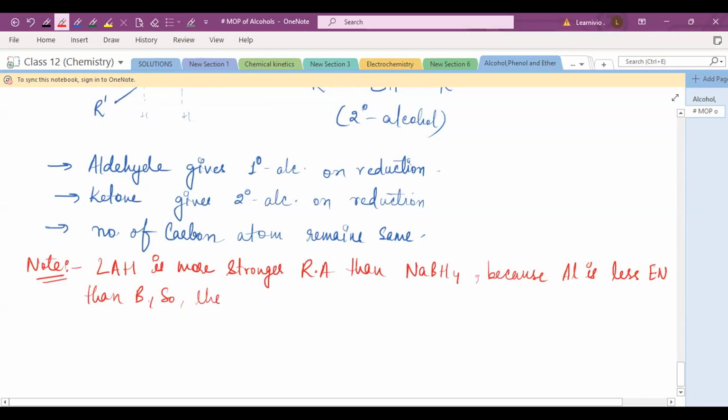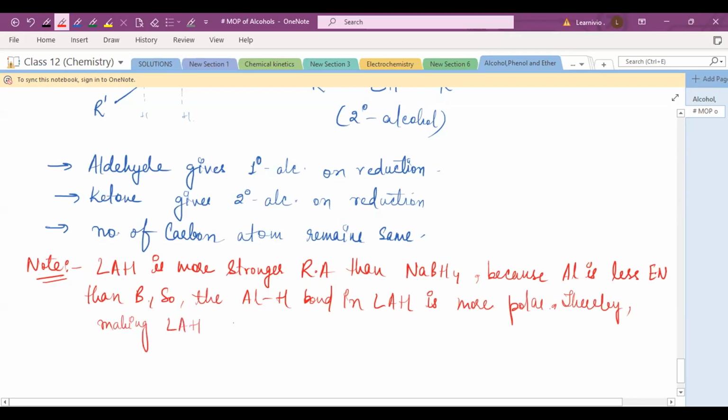So the aluminium-hydrogen bond in lithium aluminum hydride is more polar in nature due to the difference in electronegativity, thereby making lithium aluminum hydride a strong reducing agent.